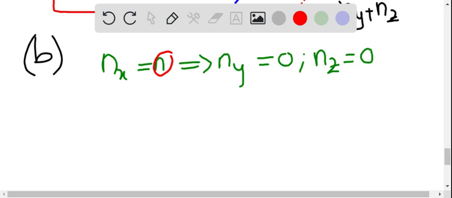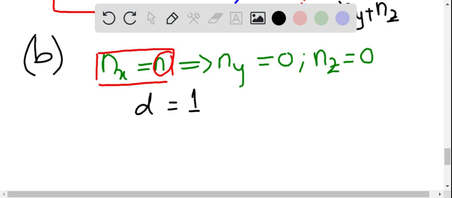And if nx is equal to n, then ny and nz are equal to 0, right? So in this case, the degeneracy would mean that d is equal to 1, right? Or we would have a condition, right?